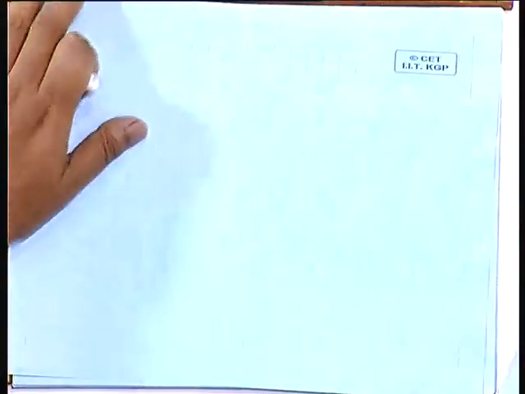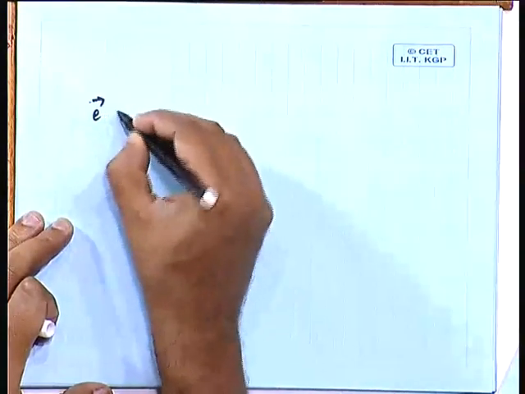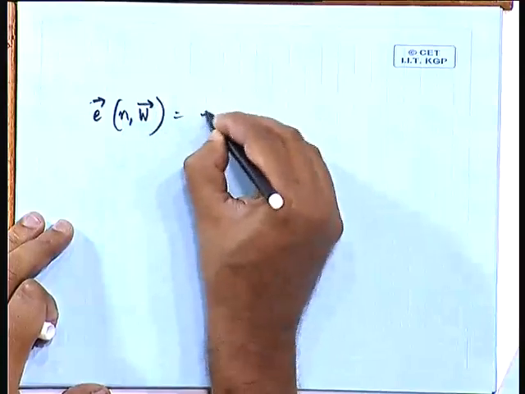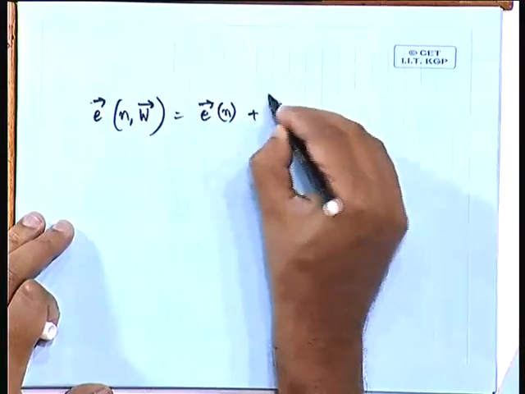In fact, the expression that we had obtained, for this equation only, in the matrix form was written as E_n(W) equal to E_n, which is the older error, plus J_n.